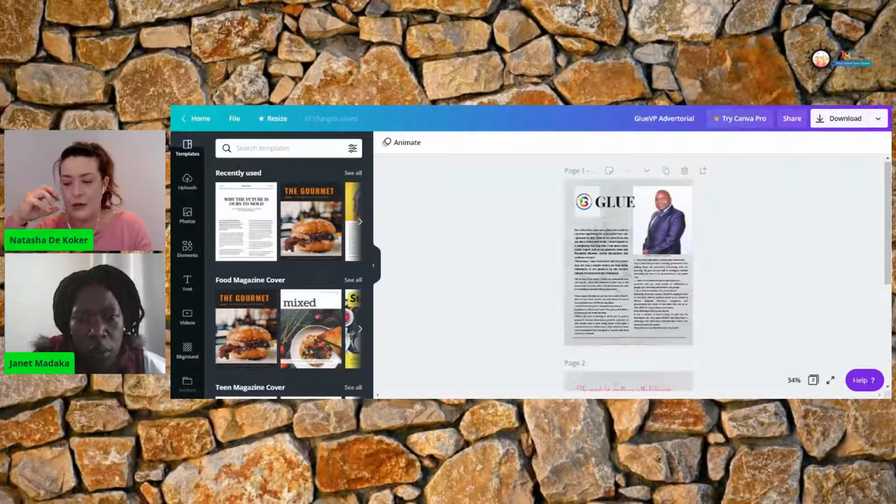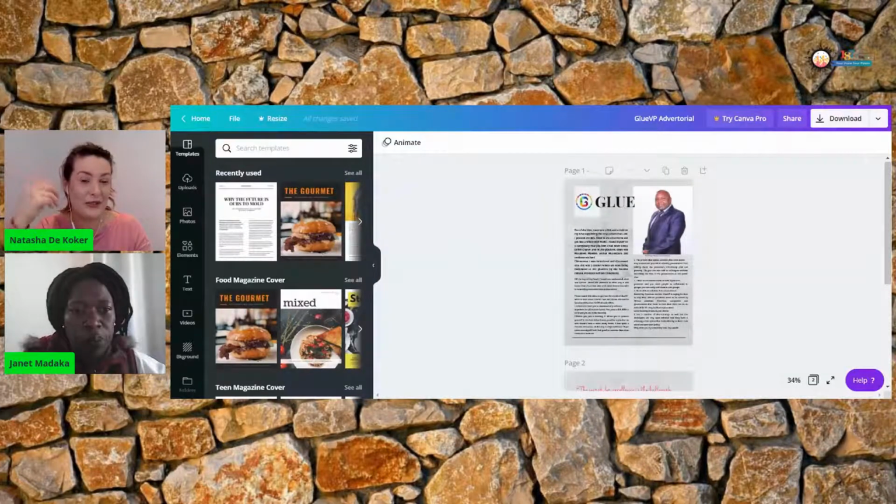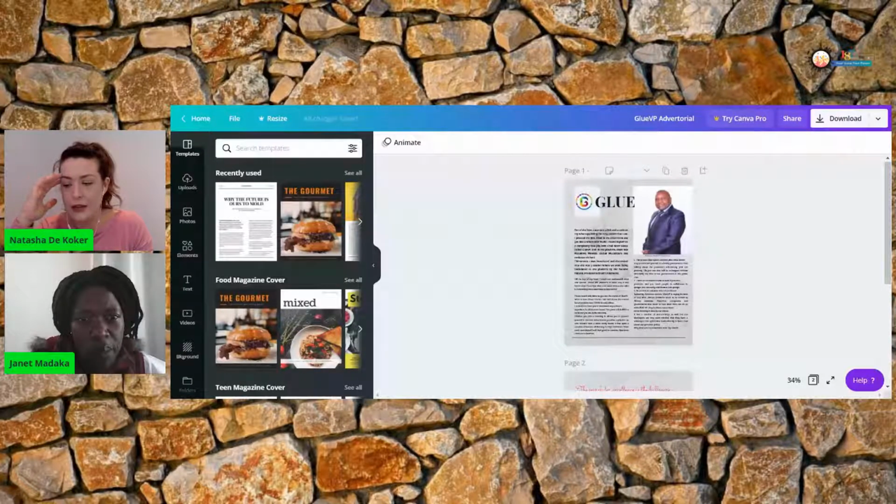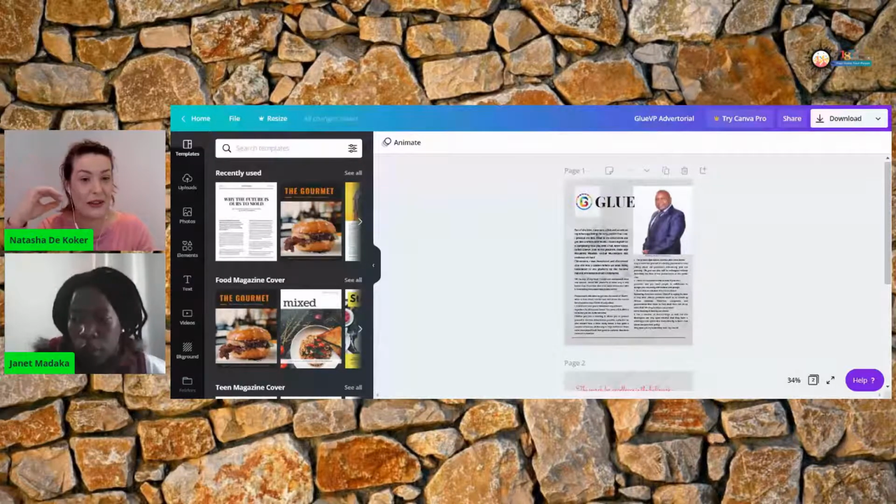Now, try and avoid group photos, because the problem with group photos is that if there are 4 or 5 people in the photo, nobody knows who you are, and they're trying to figure out who you are. So try and use one where you are alone. And then try not to do a selfie. We're not on TikTok or Instagram. This is a professional magazine.